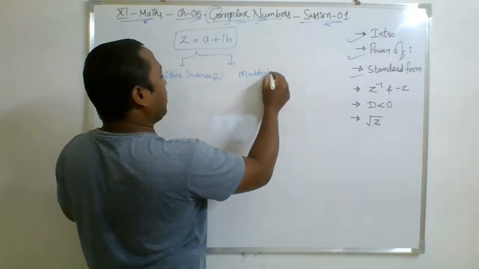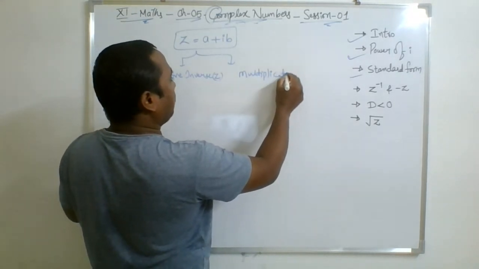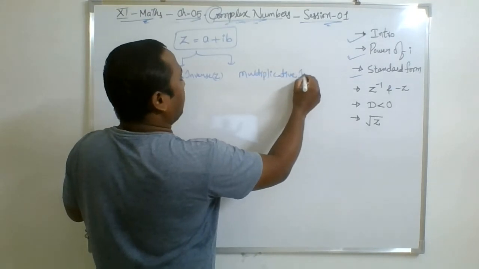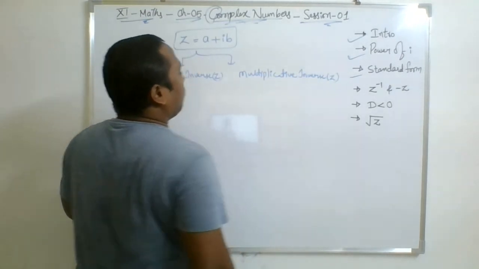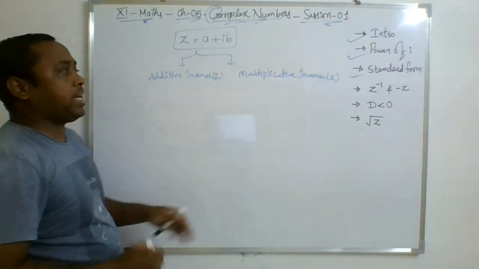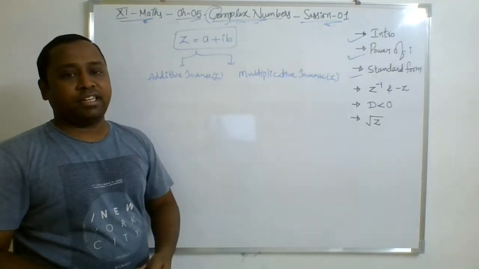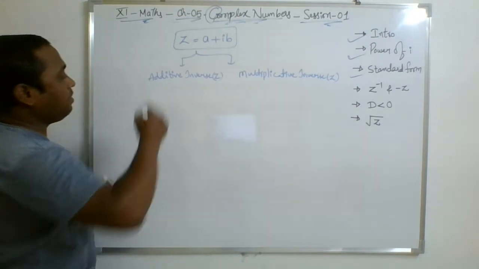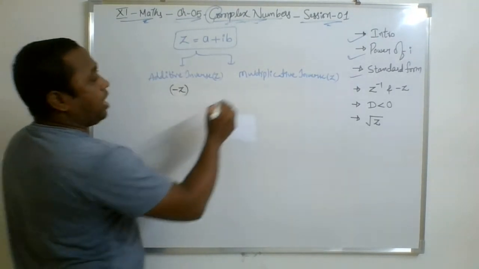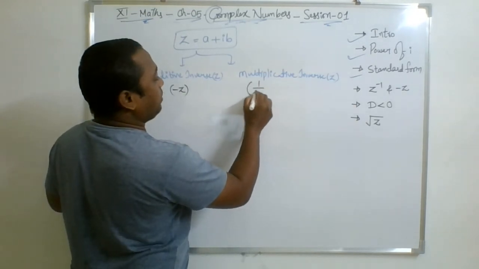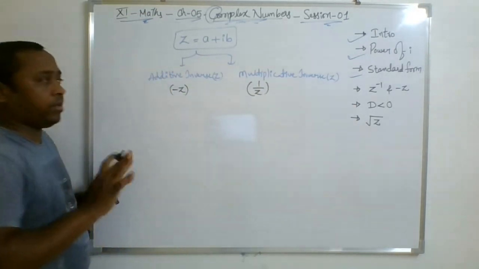That's it. There are two inverses possible of any number. One is the additive inverse, second is what? Multiplicative inverse. So additive inverse means minus z, and multiplicative inverse means 1/z. Over.